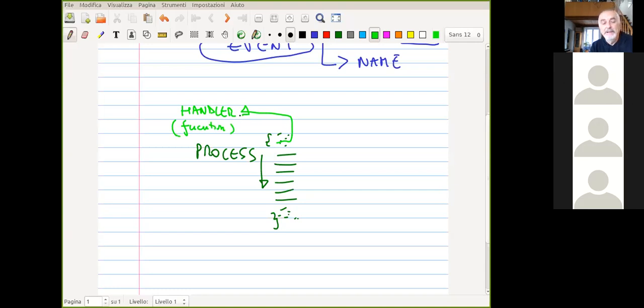It's called the handler of a specific event, of a specific signal. The handler in its turn is a function with several lines of code. But it's a function exactly. So it has a starting point and a returning point, and it is executed in the stack.